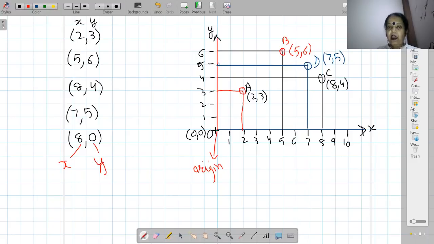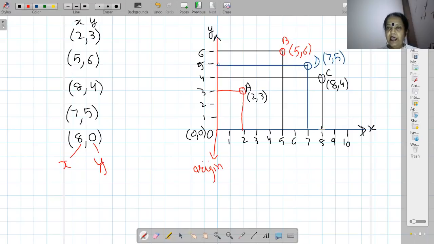यहाँ पे अगर आप देखेंगे the origin is 0 0. Okay, so on the origin x value is also 0 and the y value is also 0. अब क्वेश्चन में क्या पूछा है, 8 and 0. So x value is 8 and y value is 0.